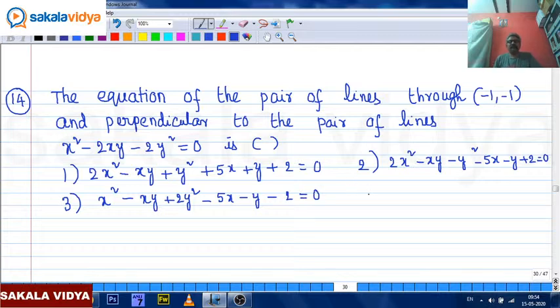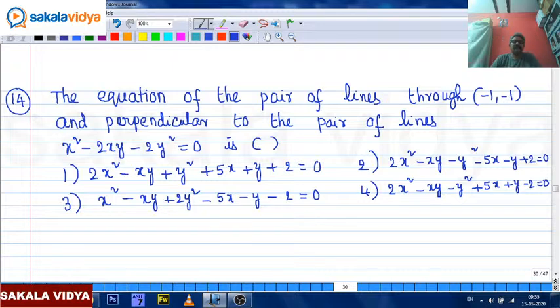And fourth option, 2x square minus xy minus y square plus 5x plus y minus 2 equals 0.